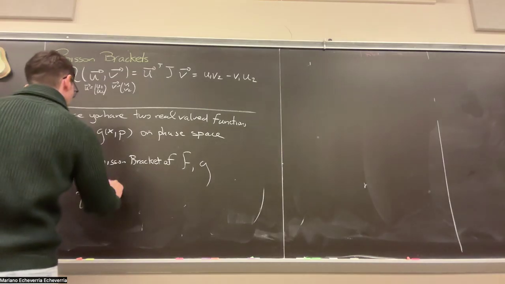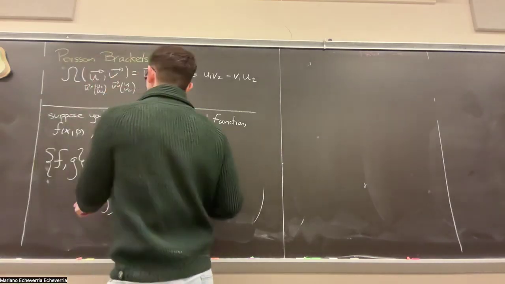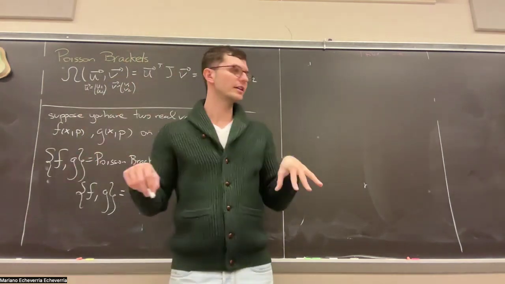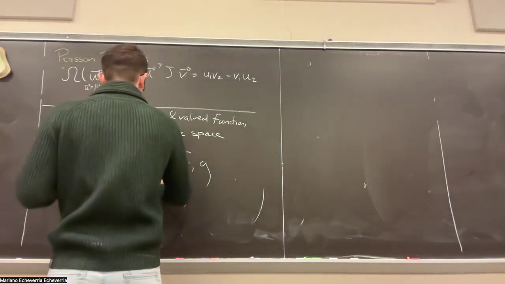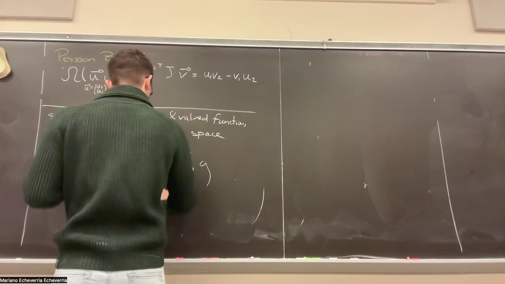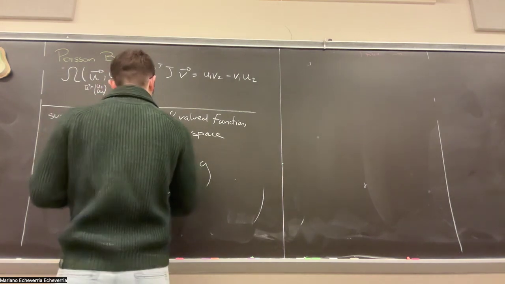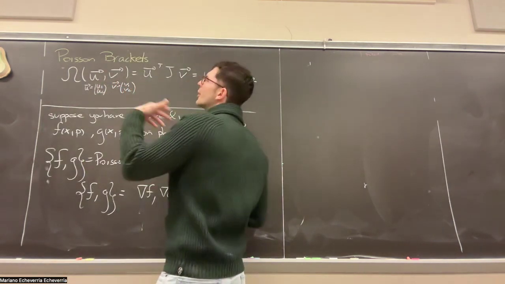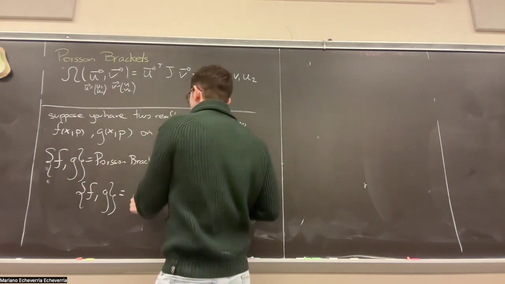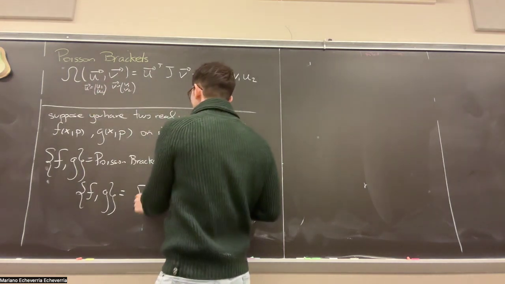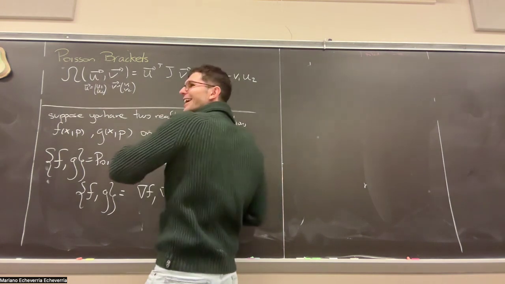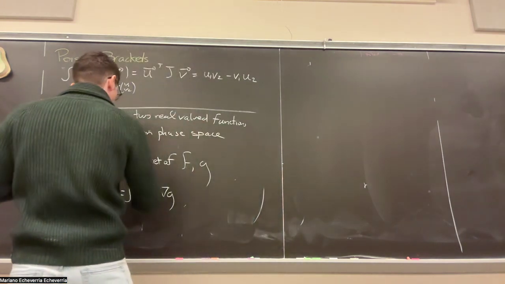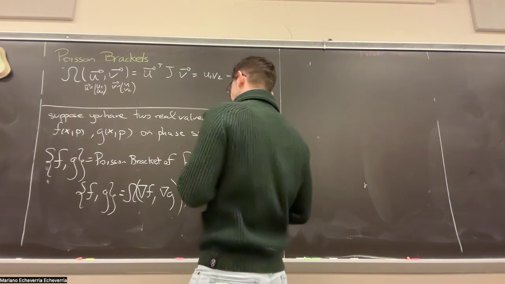If you have two functions, for each function you can take its gradient, right? And these are now vectors, or well, vector fields, strictly speaking. So these are vector fields, so you can plug them into omega. You feed these to omega.